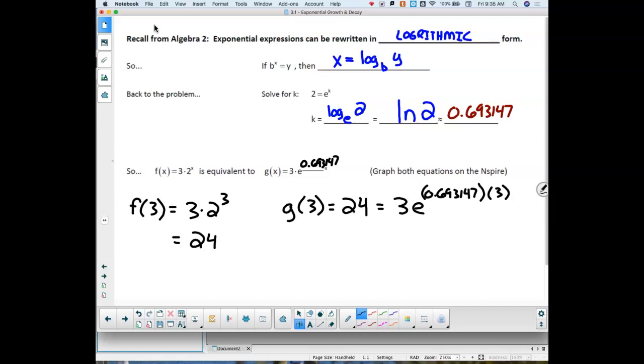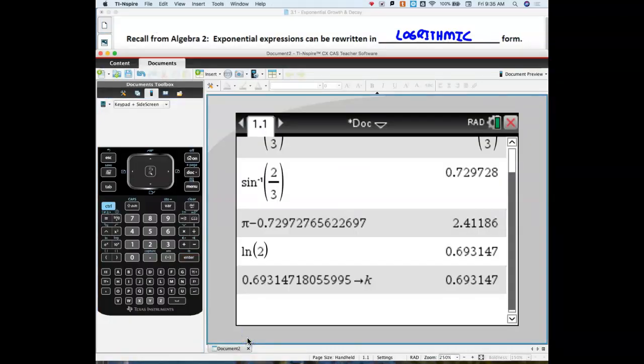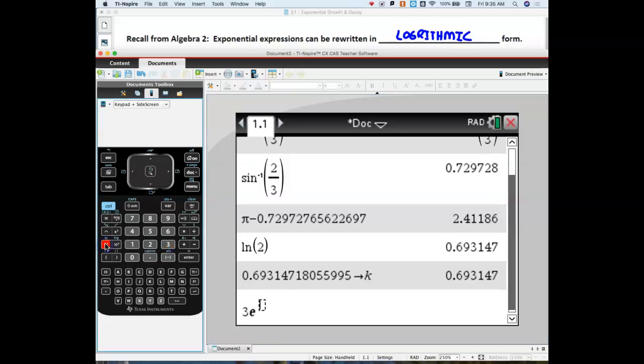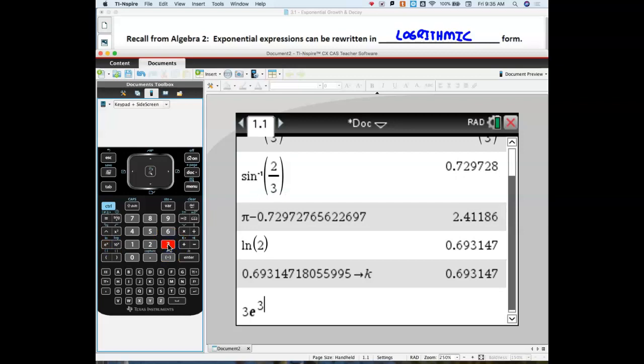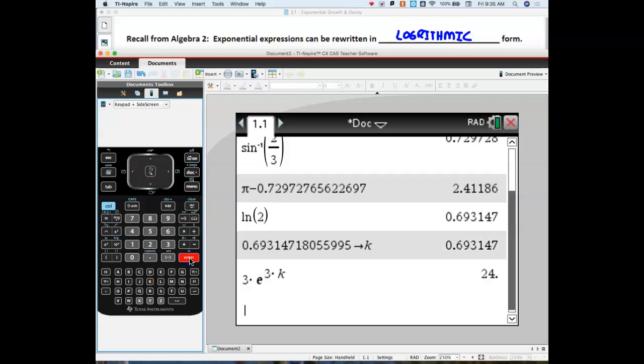And it should give me 24. Now, because I've got that stored in as k down there, I can go 3 times e to the 3k power, and when I hit enter, I better get 24. Bam. Got 24.